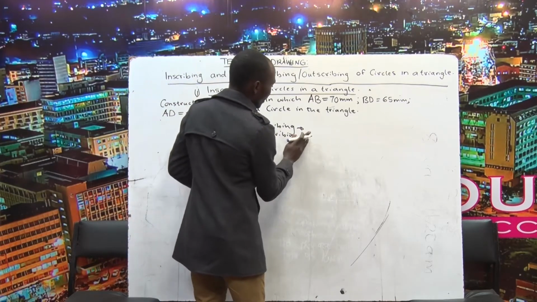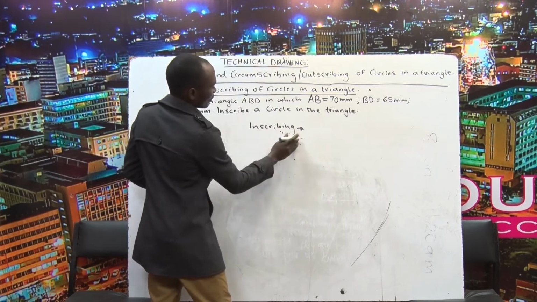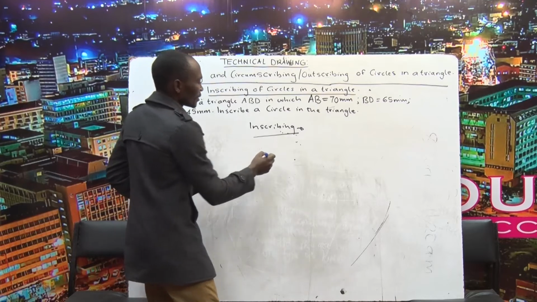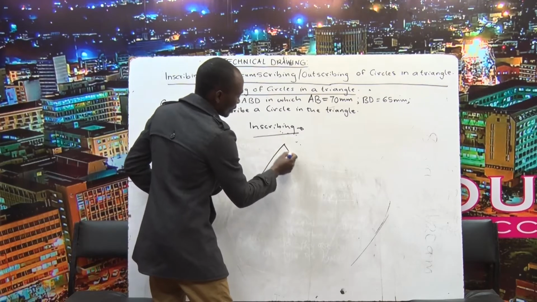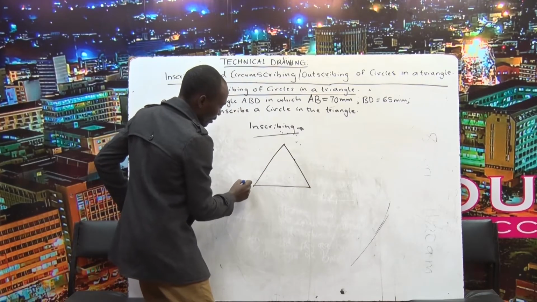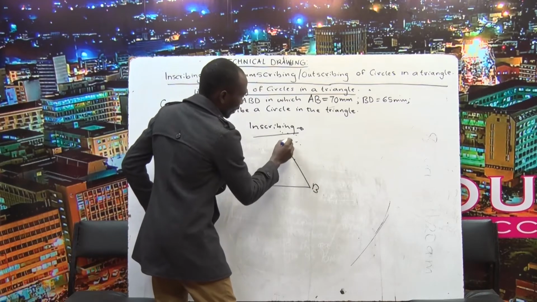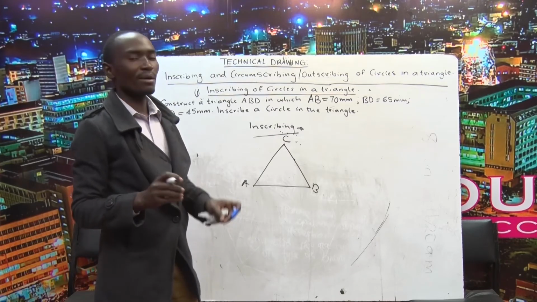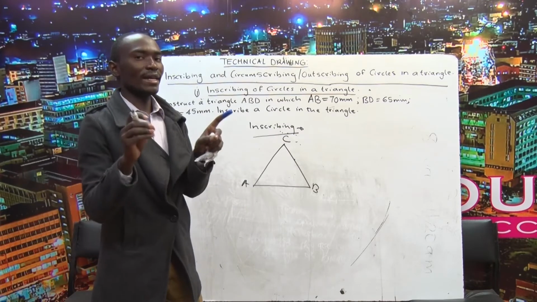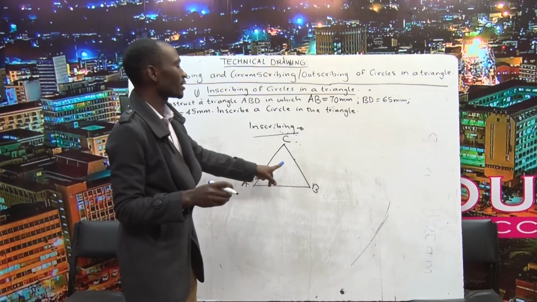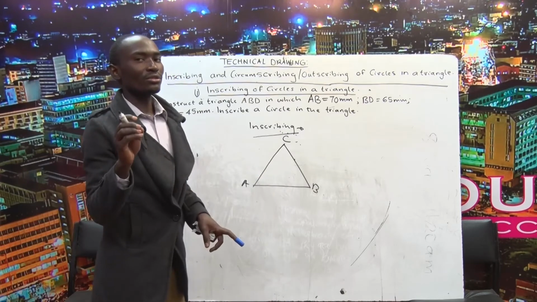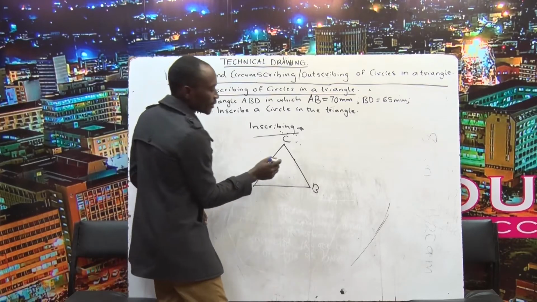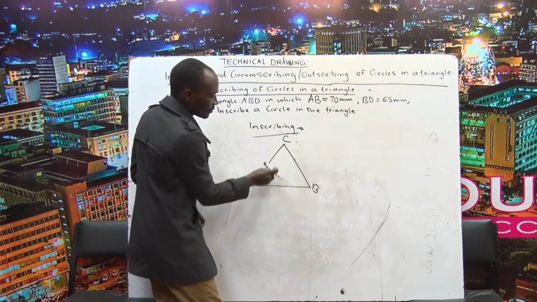Inscribing is a case whereby, for instance, if you have drawn a triangle like this, triangle A, B, and C, and you've been told to inscribe, simply you are being told to draw a circle inside this particular triangle. Note this: when you've been told to inscribe, your circle should touch the sides of the triangle.